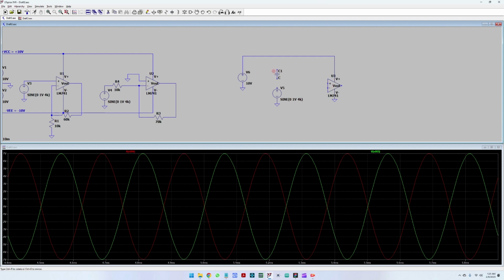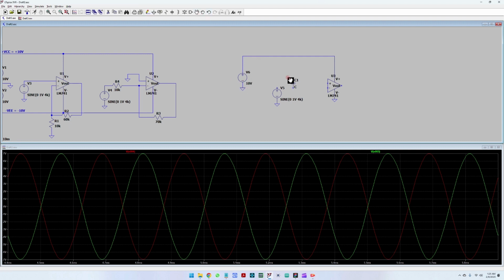This is why I'm going to place a capacitor here just to create a voltage level of half of the voltage supply. So here we have the middle value between the power supplies, plus and the ground.